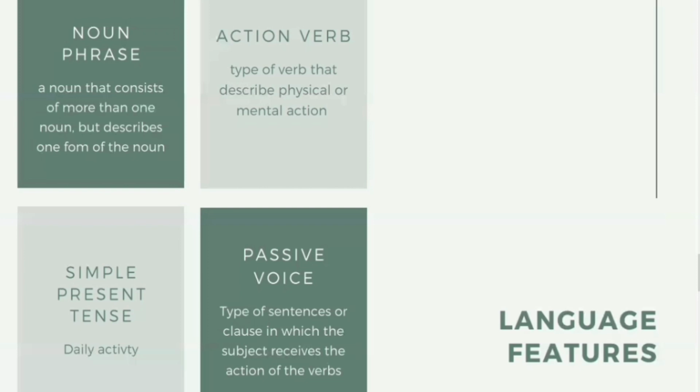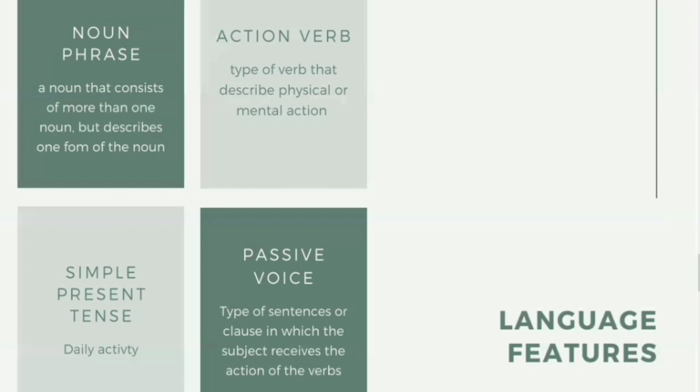And then the third, we use the simple present tense. It is used for daily activity, and for the verb we can use verb one, like eat, write, and speak. And then the last is the passive voice.